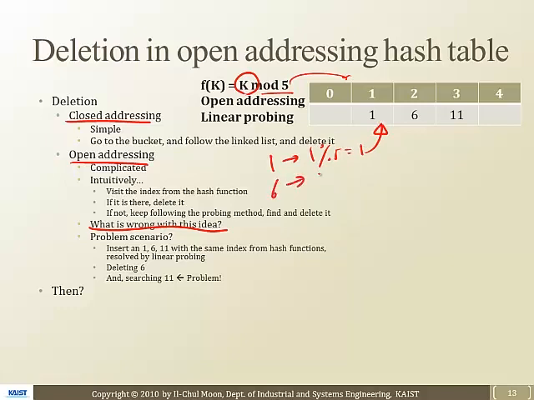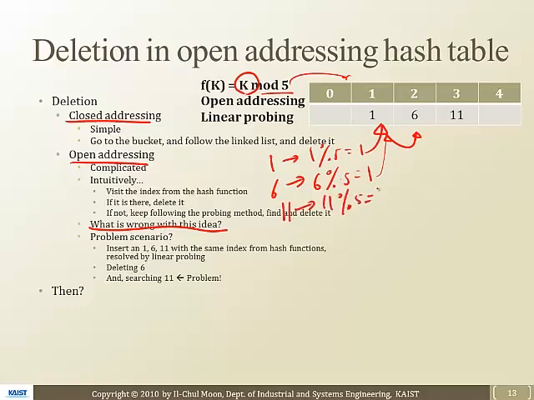And then 6 comes next. 6 modulo 5 is going to be 1. Go to index 1, but it's already occupied by 1, so with linear probing, go to the next location, and it's empty, so 6 is being stored, right?